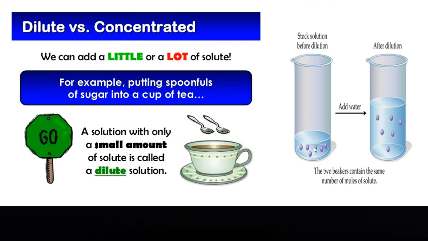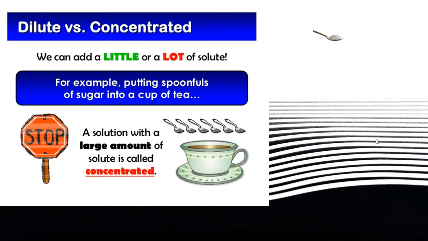So this is what I was trying to show you with the egg, how the molecules are going to change based on how much you stir it to get it either concentrated or diluted. So this is what those molecules look like before you dilute it and after you dilute it. So this would be our egg cup after I stirred it and all the salt and the water began to combine together. So a large amount of solute would be concentrated.